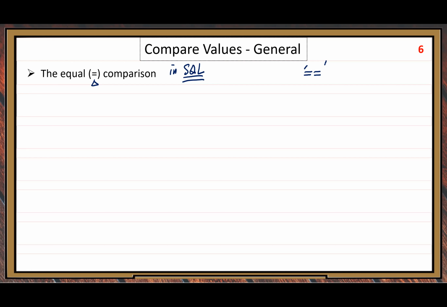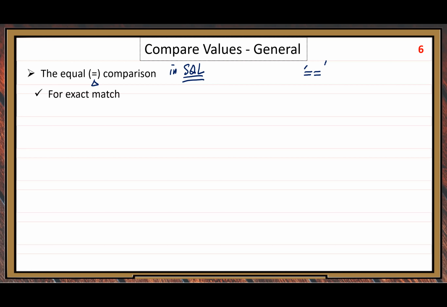Only double equal is treated as comparison. But when you go back to SQL, a single equal is used for comparison. Be aware of that, because people may have the habit of automatically putting double equal, which is a syntax error.